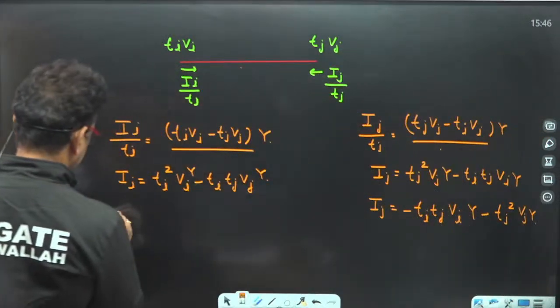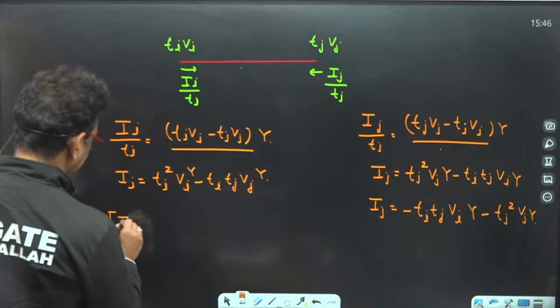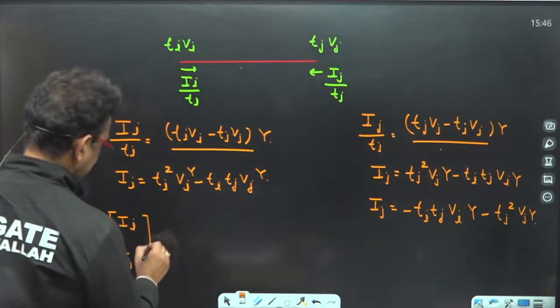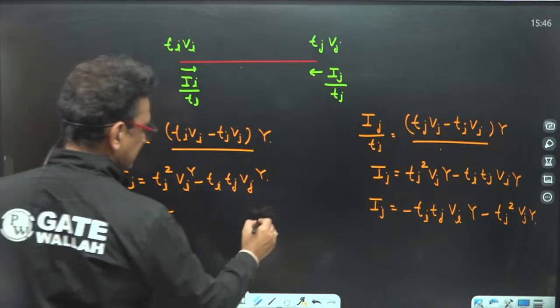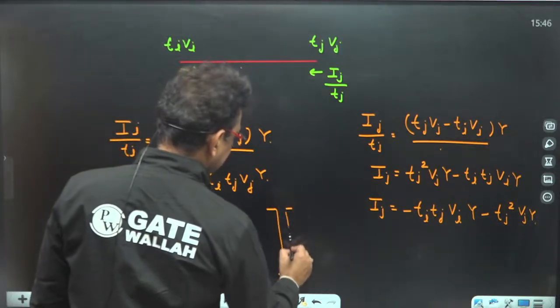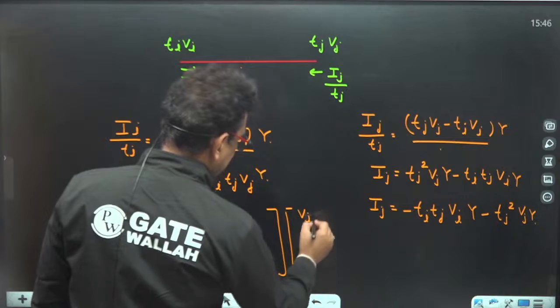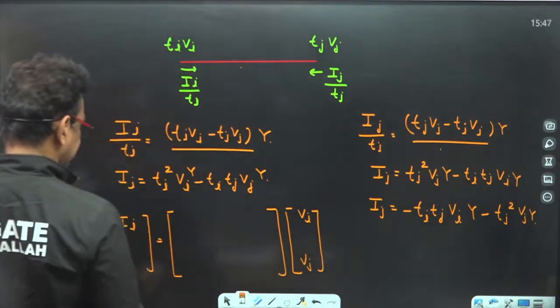So now write this in terms of matrix form: Ii upon Ij, Vi and Vj. This is my admittance matrix.